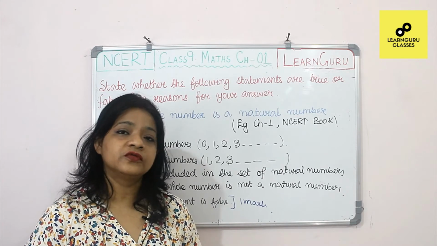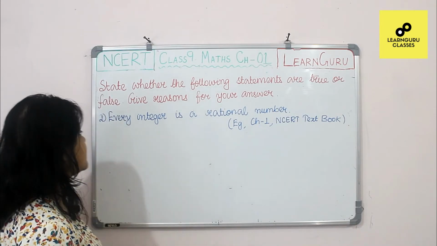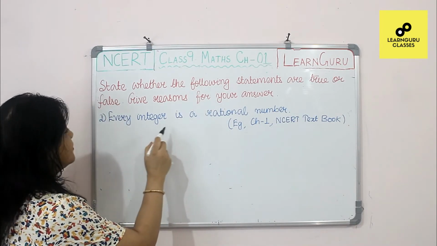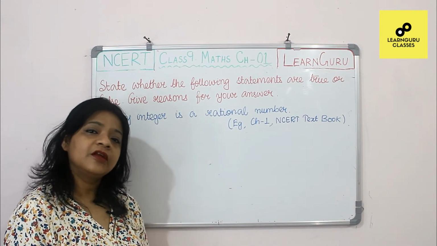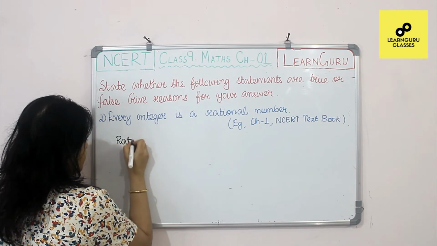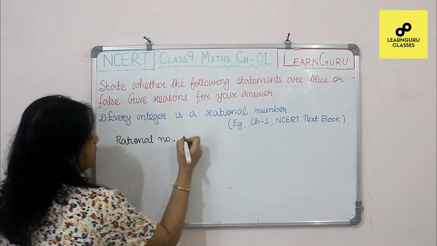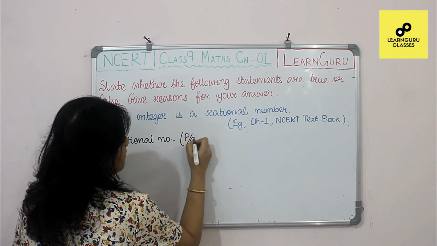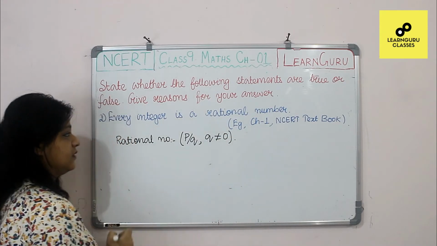Now, let's move to the next statement. The next statement is: every integer is a rational number. So what is the definition of a rational number? A rational number is a number that can be represented in the form of p by q, where q is not equal to 0.